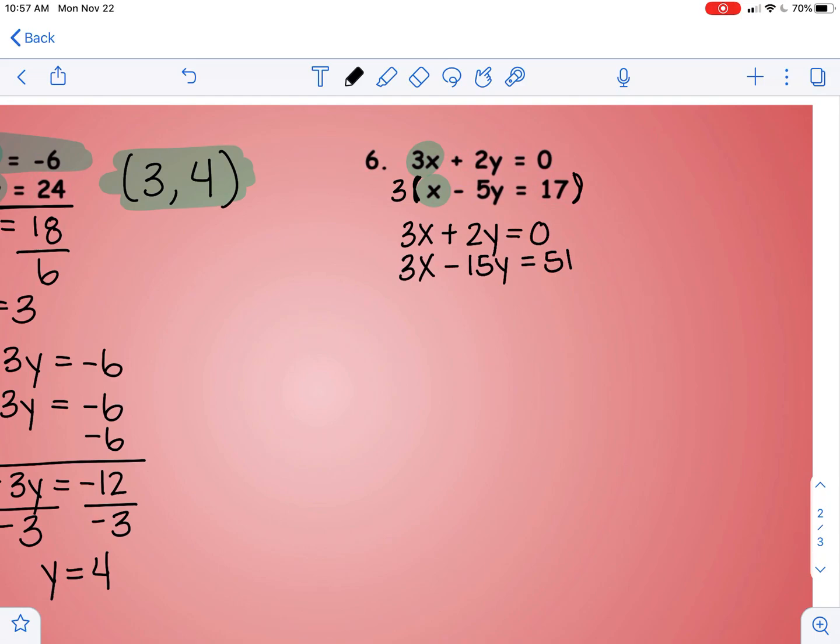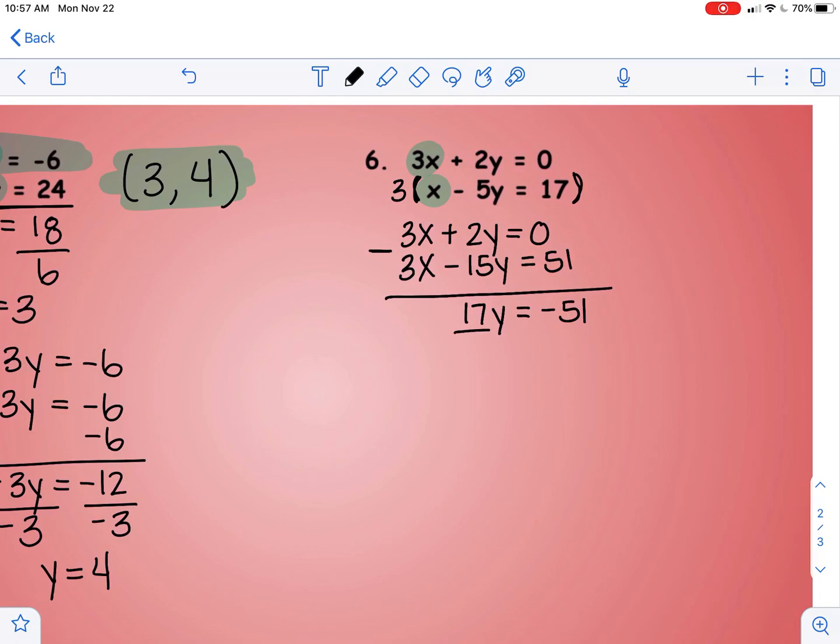And so now what I'm able to do is subtract the two equations. And this is going to give me 3x minus 3x, which is 0. 2y minus negative 15y, which is going to give me a positive 17y. And then 0 minus 51, which is going to give me negative 51.